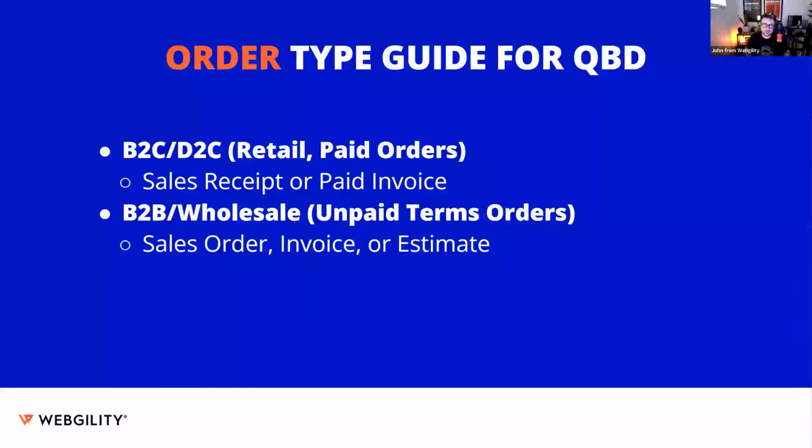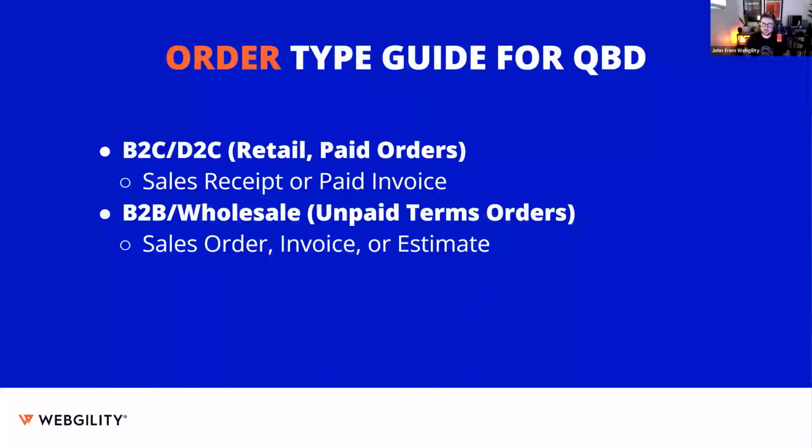Ultimately, just to clarify, WebGility allows the workflow for converting those estimates and converting the sales orders into an invoice as well. So using any of those three options is going to create a pretty solid paper trail for you.